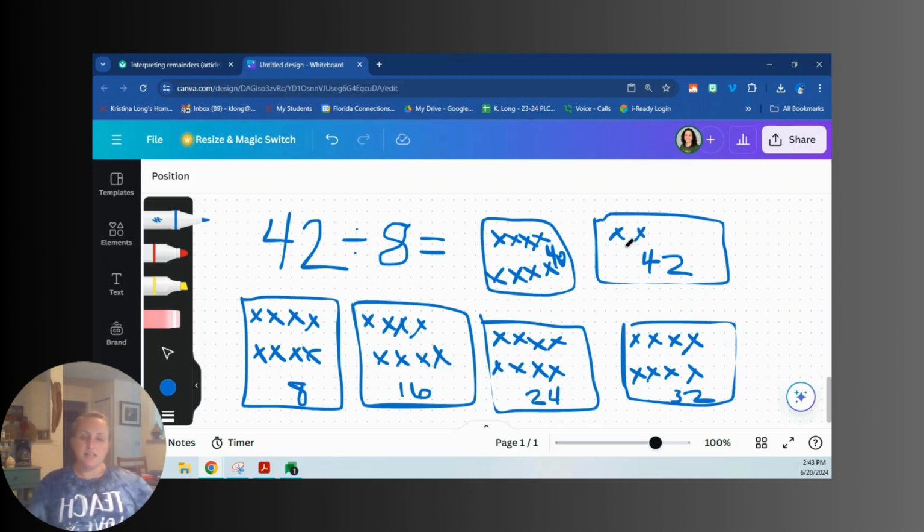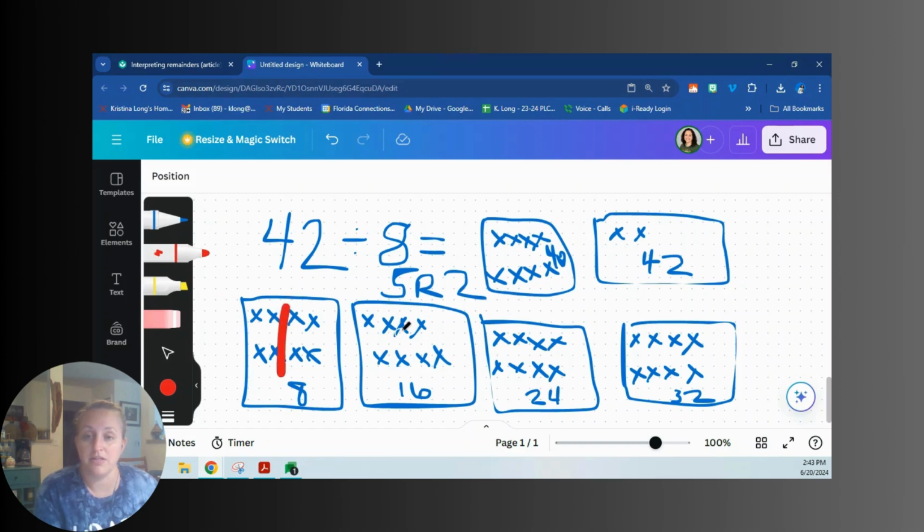Notice that 5 of the vans have 8 students because 42 divided by 8 does equal 5 with a remainder of 2. There's 2 leftover students in this last van. So how many vans did we need? Here, let's number them with our marker.